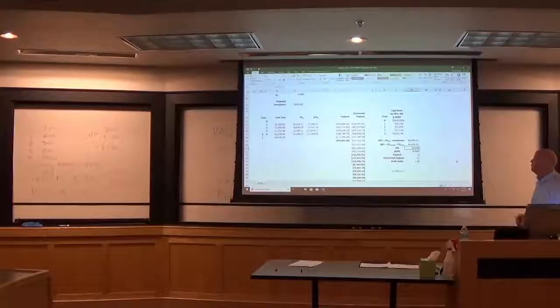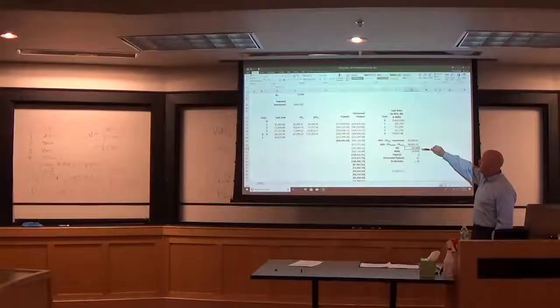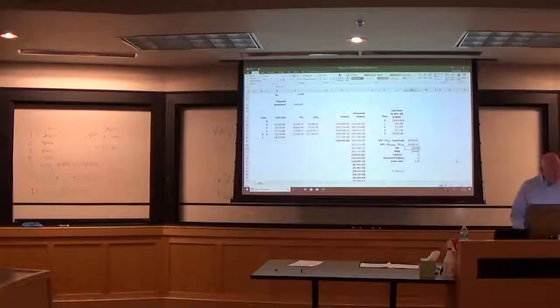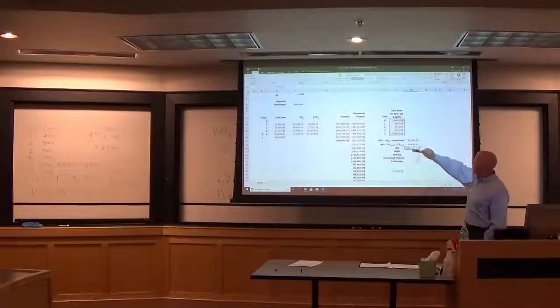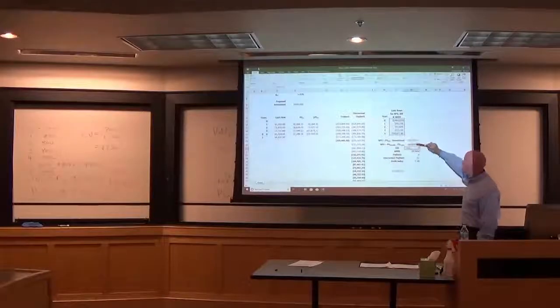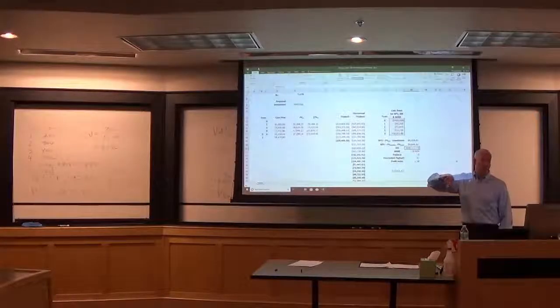You would suppose that if Excel doesn't understand time 0 in calculating the net present value, then Excel wouldn't understand time 0 in calculating internal rate of return either, right? But what's the function for internal rate of return in Excel? It is exactly what you would expect it to be. Internal rate of return, open parenthesis, pick up the entire column, close the parenthesis. We're not giving it a rate because it's calculating the rate, right?